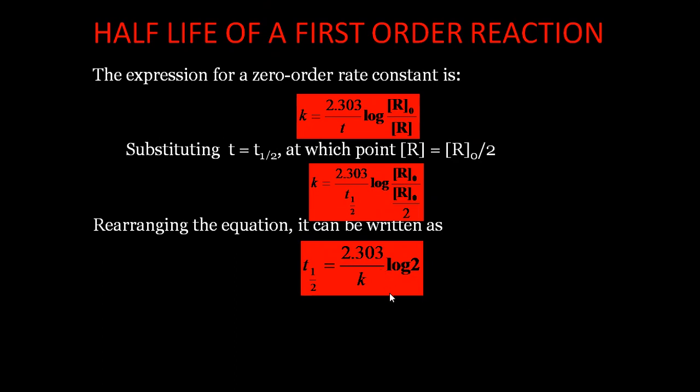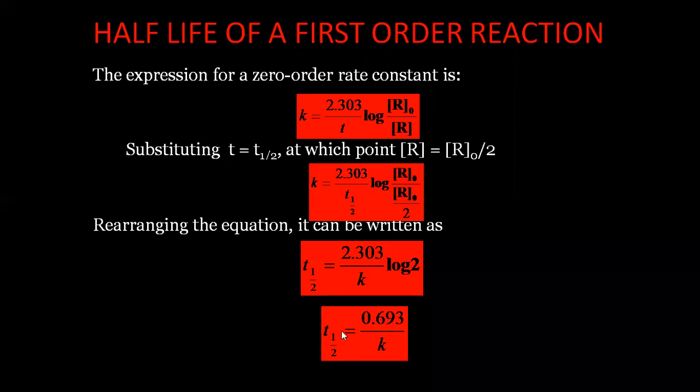Now log 2 has a particular value, 0.301. If you multiply with 2.303, what you get is 0.693 by K. T half is equal to that. So that is the expression for half-life, and that is how we need to derive the half-life of a first order reaction.